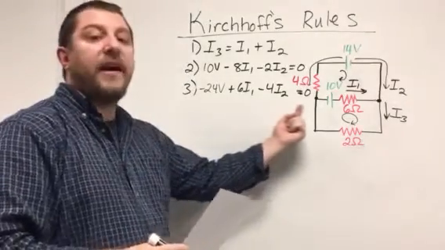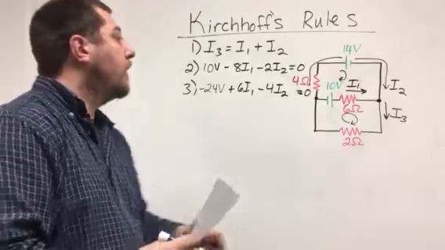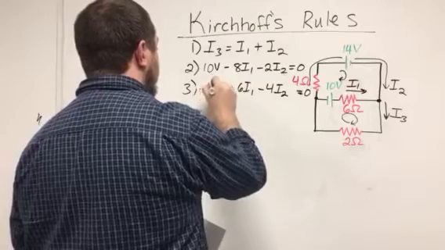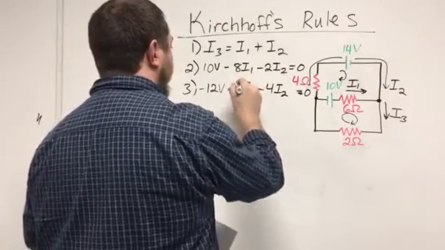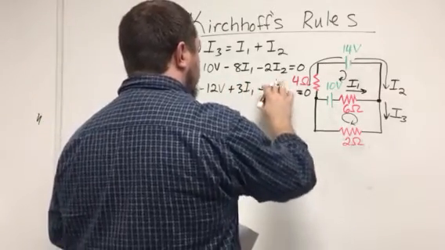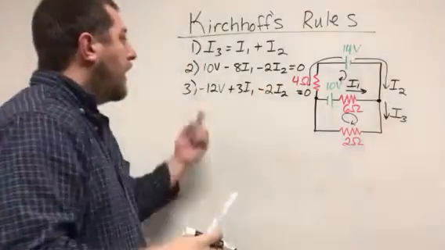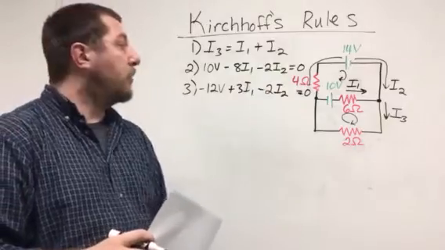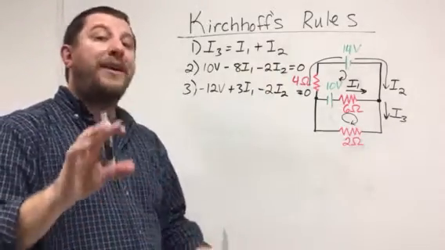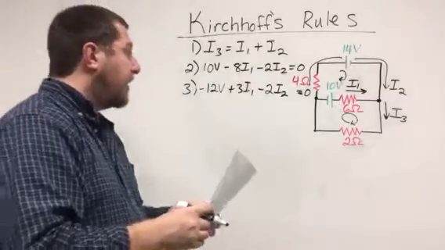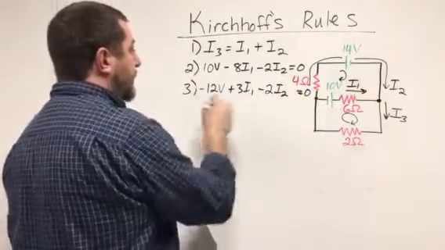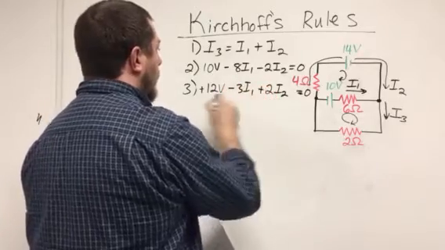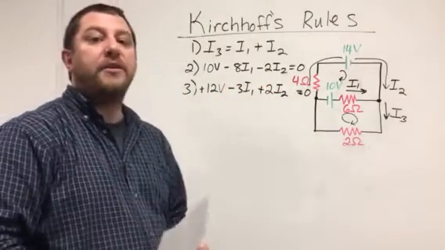So I can now divide equation 3 by 2. And if I do that, I'm going to get negative 12 plus 3I1 minus 2I2. And now I have 2I2 in both equations. So now again, if I multiply 3 through by a negative sign, I can now add equations 2 and 3.